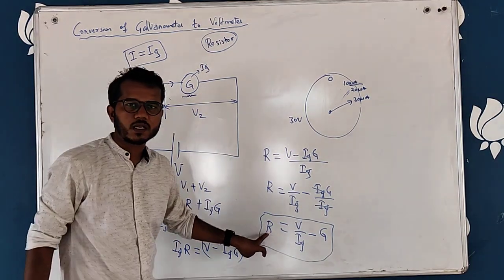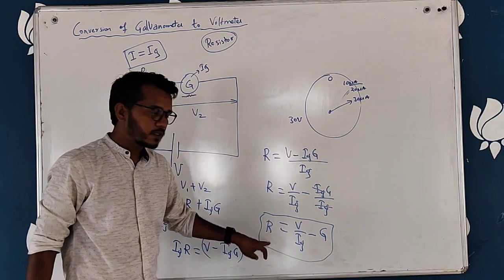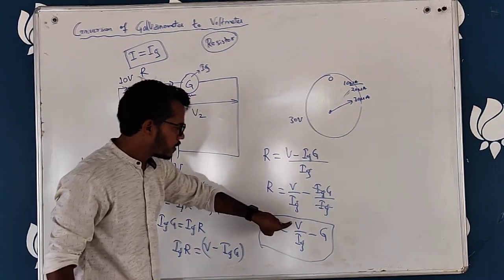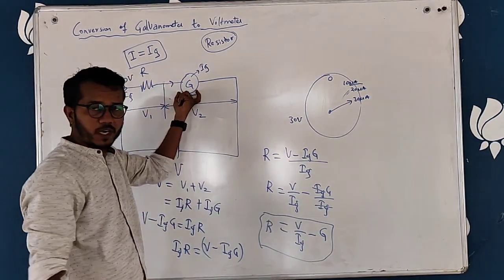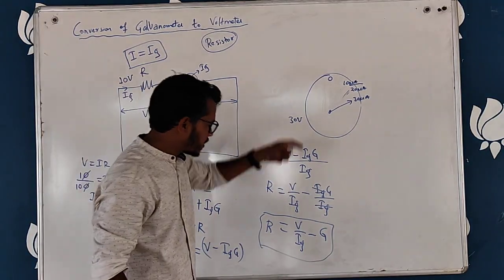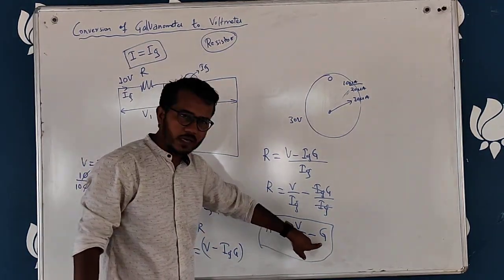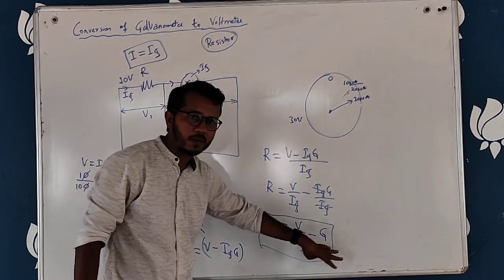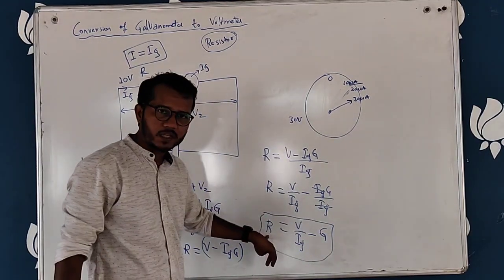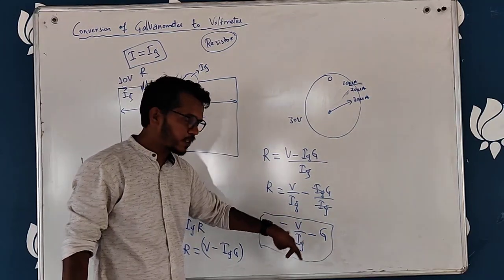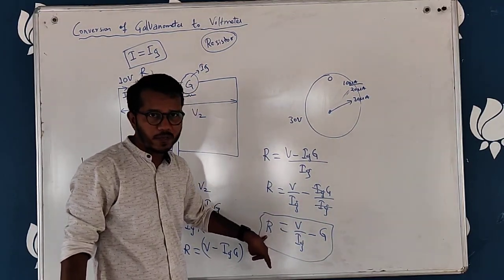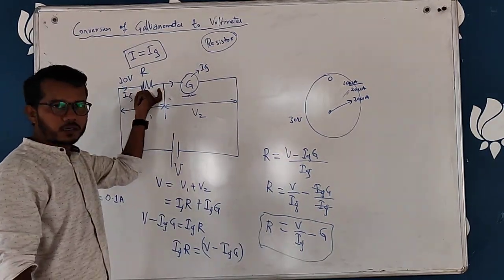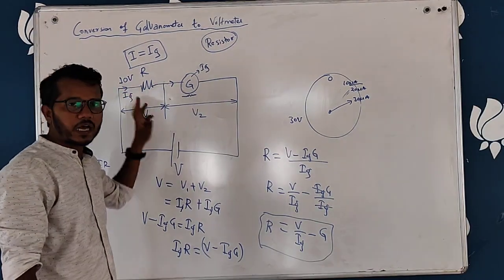With the help of this I can measure the value of resistance. We know how much potential drop we are supplying to this galvanometer, this V value, and how much current we are obtaining from the experimentation, this Ig value. We also know the given galvanometer resistance G. So all three parameters are known, and the only unknown value is R. With this formula we can calculate R, and that R resistor we connect here.